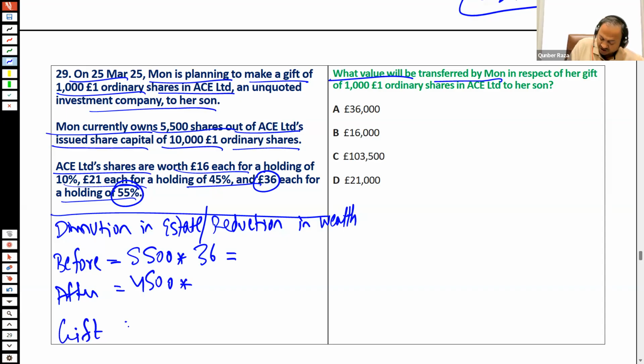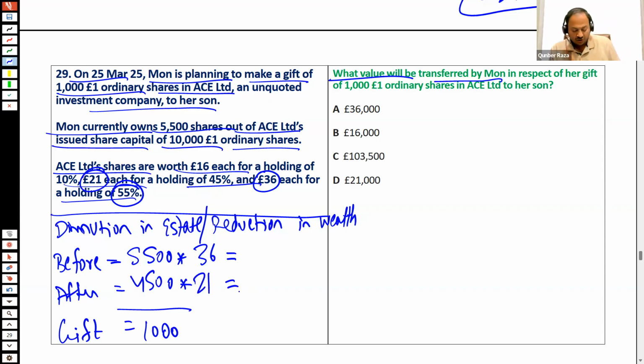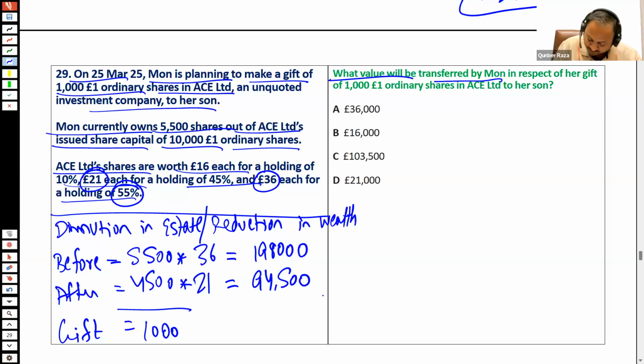After the gift, she would be left with 4,500 as she gifted 1,000 shares. 4,500 means 45%, and for 45%, it's 21 per share. So 5,500 into 36, 198,000. As a result, the diminution in estate amount.